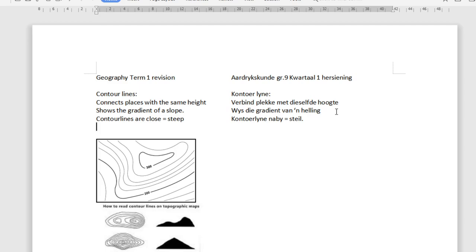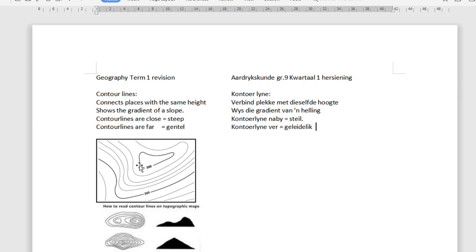En dan die teenoorgestelde, if the contour lines are far apart, then it means we've got a gentle slope. Okay. So die contourlyne is ver van mekaar af, het ons 'n geleidelike helling.